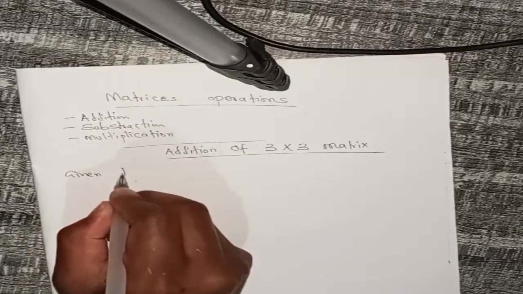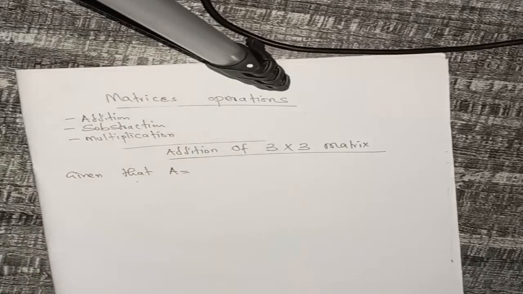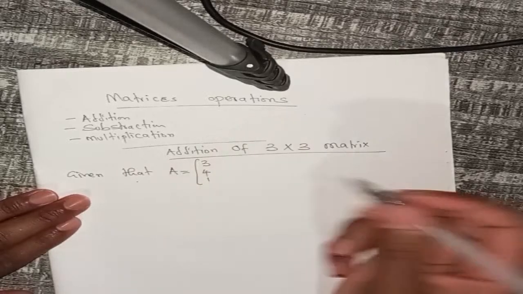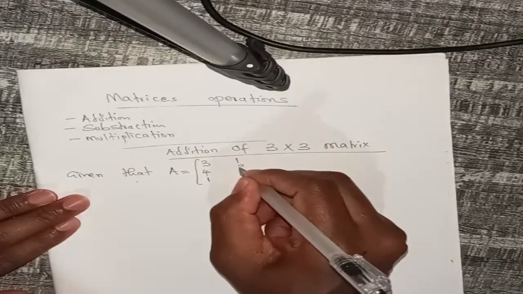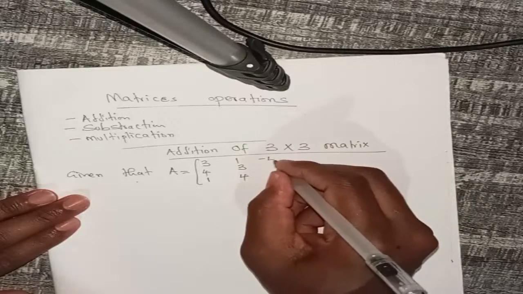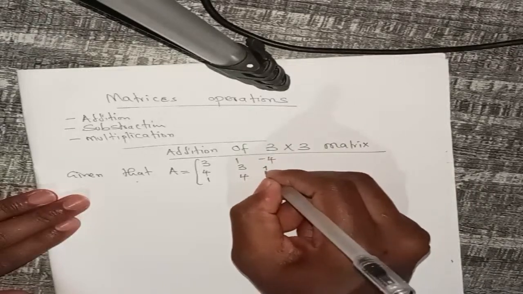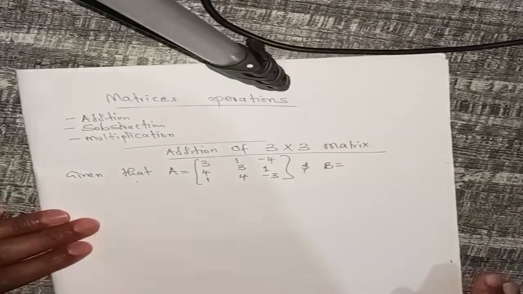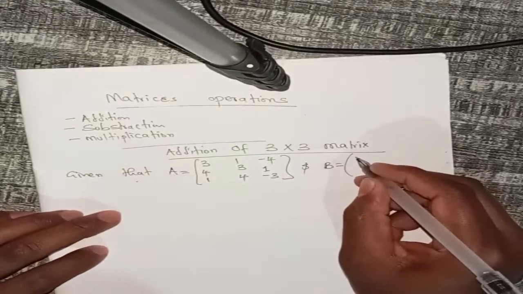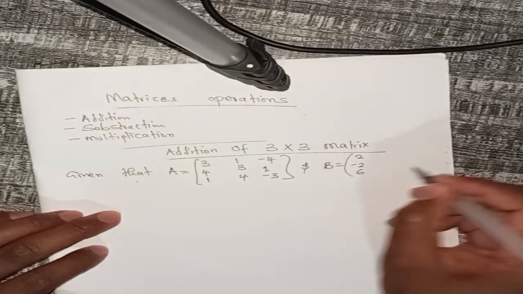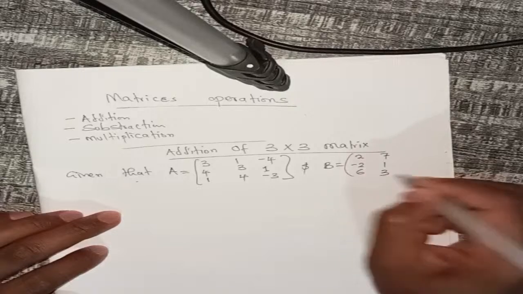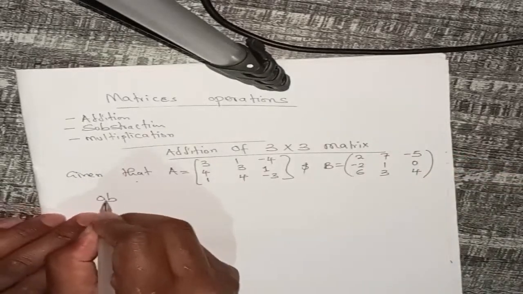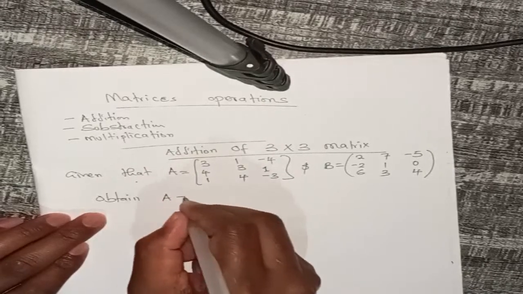Given that matrix A is equal to 3, 4, 1 in that order, then 1, 3, 4, then negative 4, 1, negative 3, and matrix B is equivalent to 2, negative 2, 6, then 7, 1, 3, then minus 5, 0, 4. You are told to obtain A plus B.